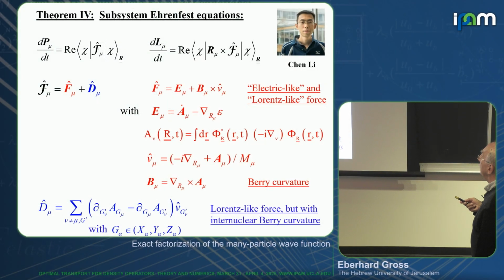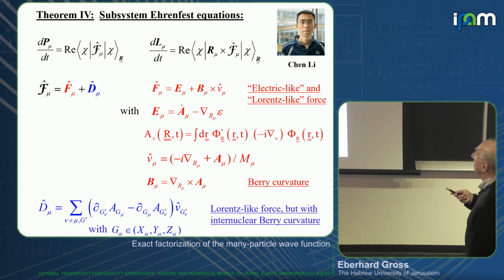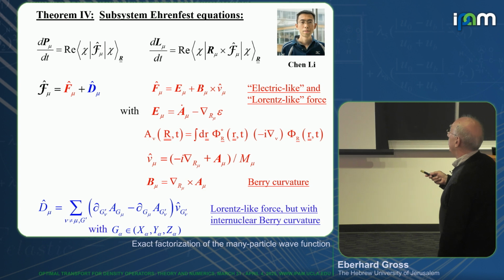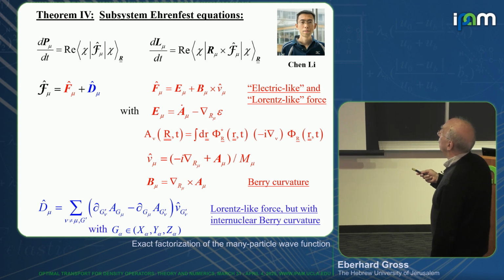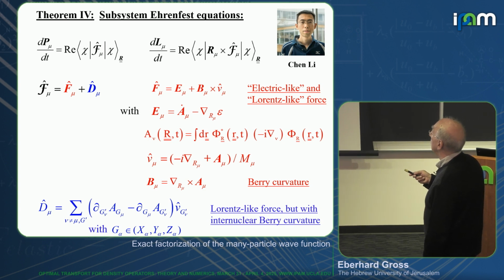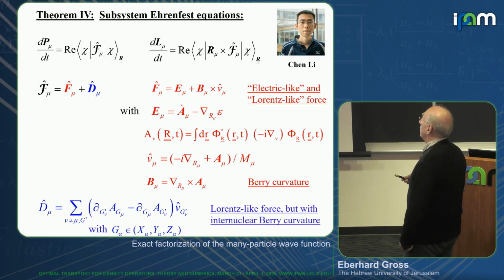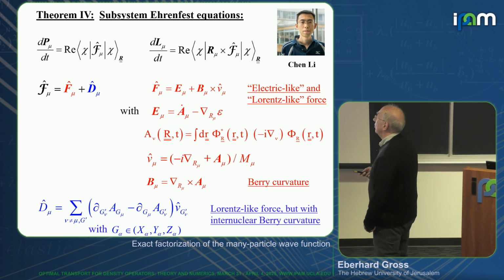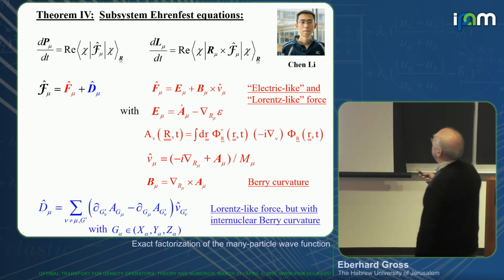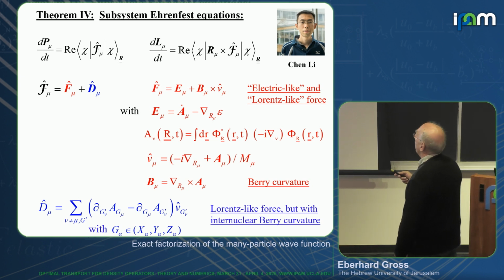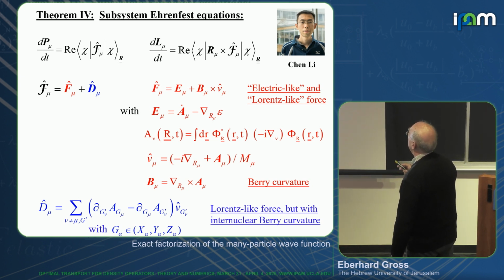So we use the equations of motion and calculate the rate of change of the momentum of nucleus number mu, and likewise the rate of change of the angular momentum of nucleus mu. And we get these two, what we call subsystem Ehrenfest equations. What appears there is a force operator.